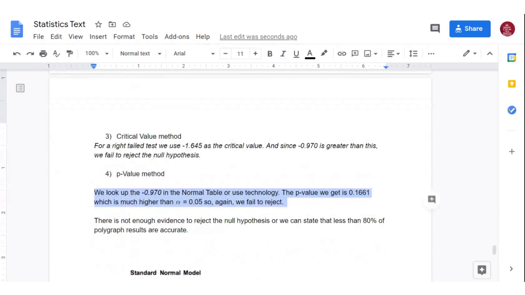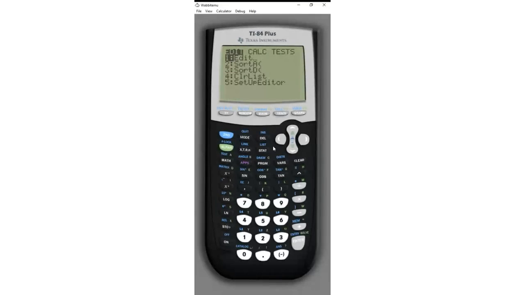Same thing, if you look up negative 0.970, and this one you don't need to put in the 1 minus, because it's a left tail test.